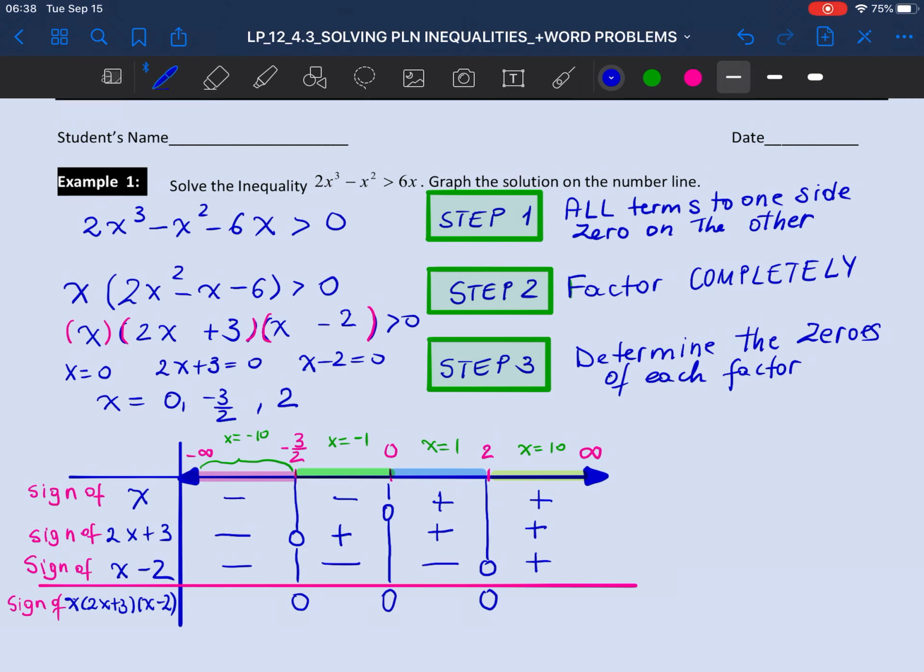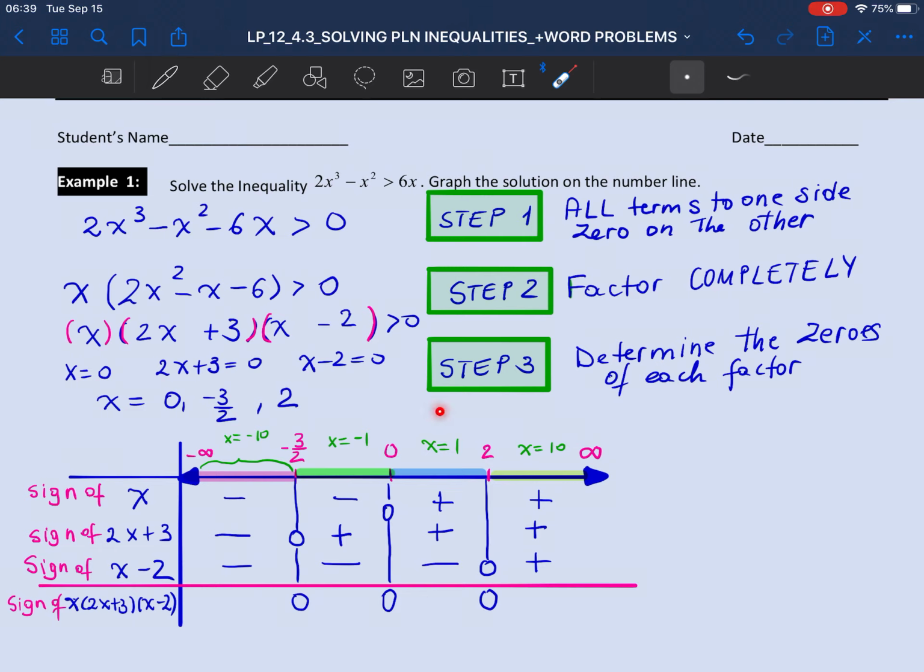Notice that for all these factors, to the left of their zeros, they were negative. To the right of their zeros, they were positive. So if the 0 was at negative 3 over 2, to the left of it, negative. To the right, positive. The same thing here. To the left, negative. To the right, positive. Now, why does that happen?